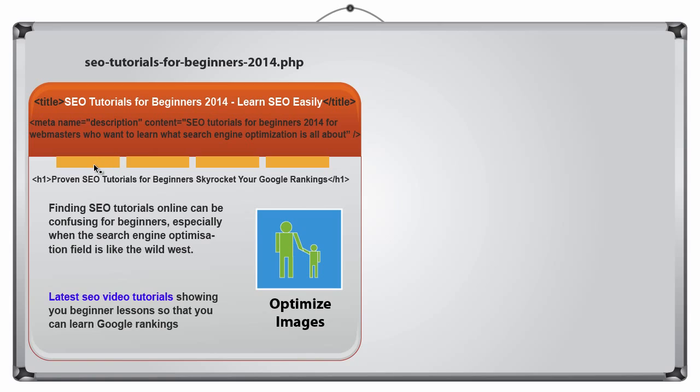So having a navigation structure is very important, not only for Google rankings, but also for user experience. People come to your website to find an answer to their questions.